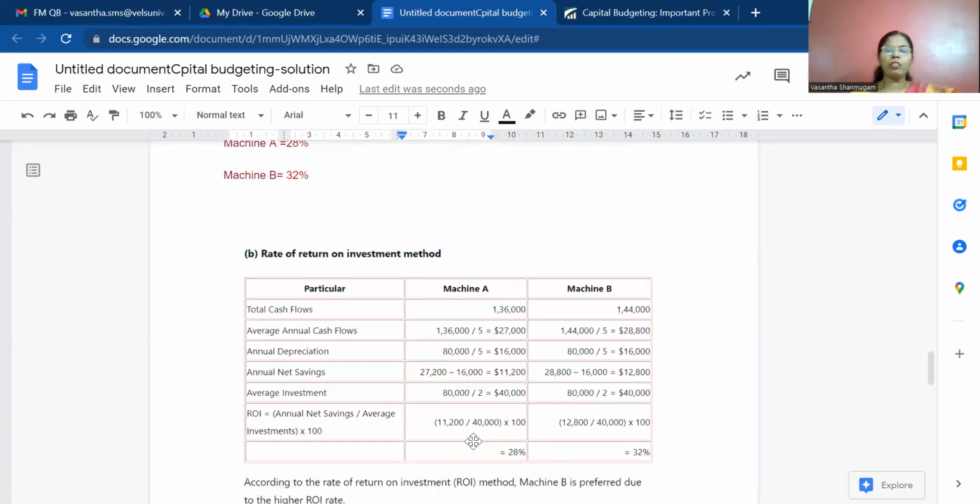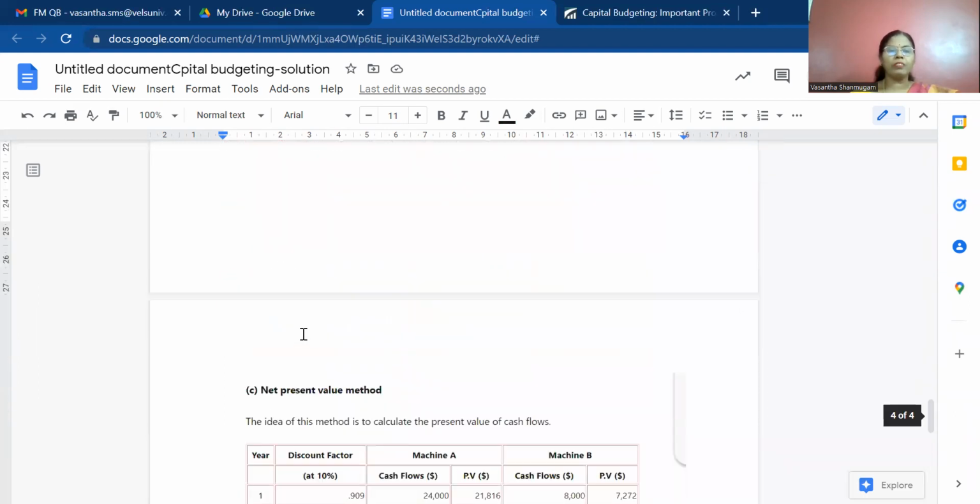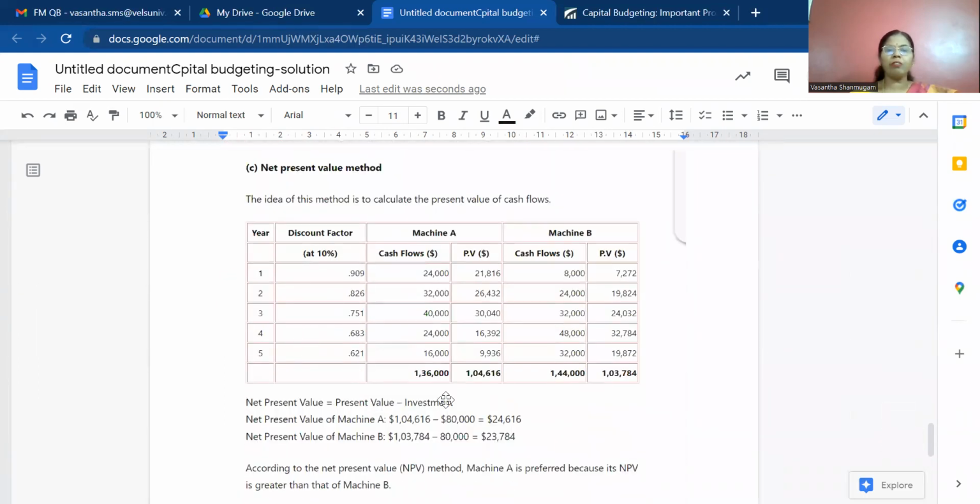In the accounting rate of return method, the formula we applied is annual average net earnings divided by average investment into 100. Machine A generated 28%, and for machine B we preferred the highest return. Then in net present value, the present value of cash inflow is compared with the present value of cash outflow.